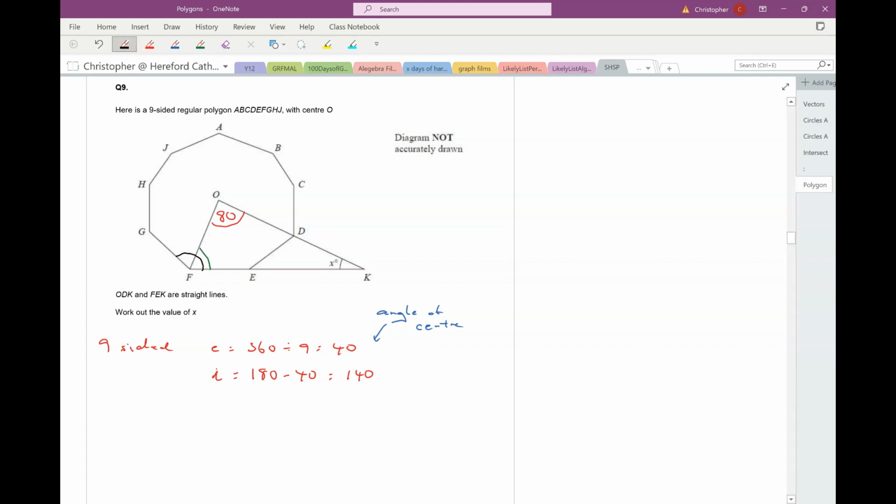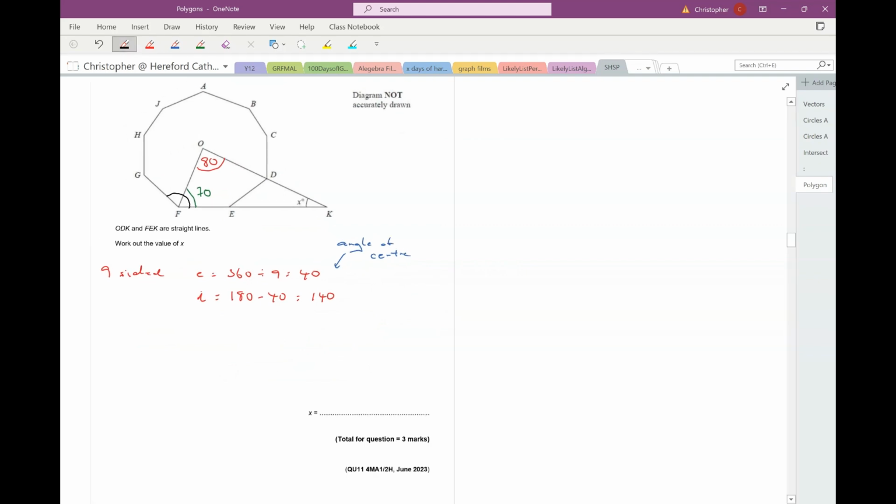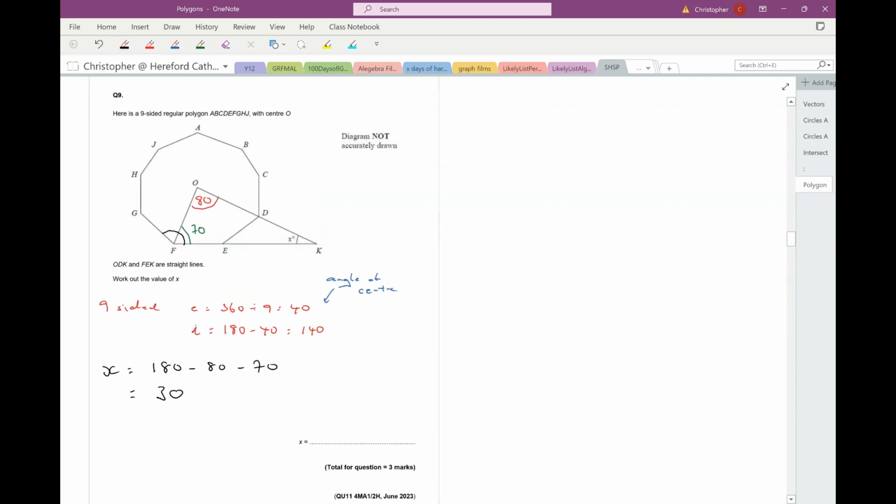So the whole of the interior angle was 140, so that green angle is 70. And now I can find x. X is going to be 180 minus 80 minus 70. So x is 30 degrees. And that is question 9 sorted.